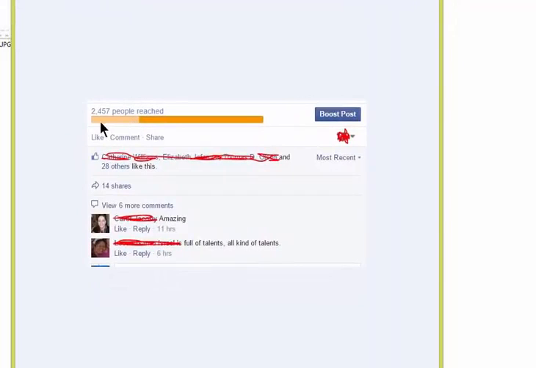Okay, so you can see 2,500 people reached. There were about 31 likes, 14 shares, and 10 comments in all. So that's a lot of people to reach.